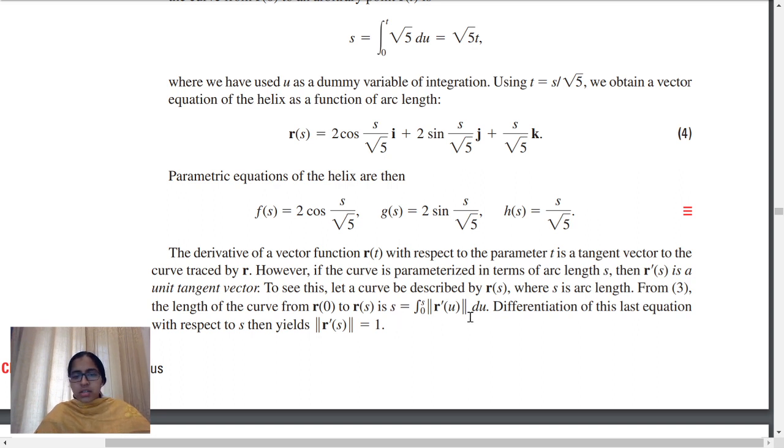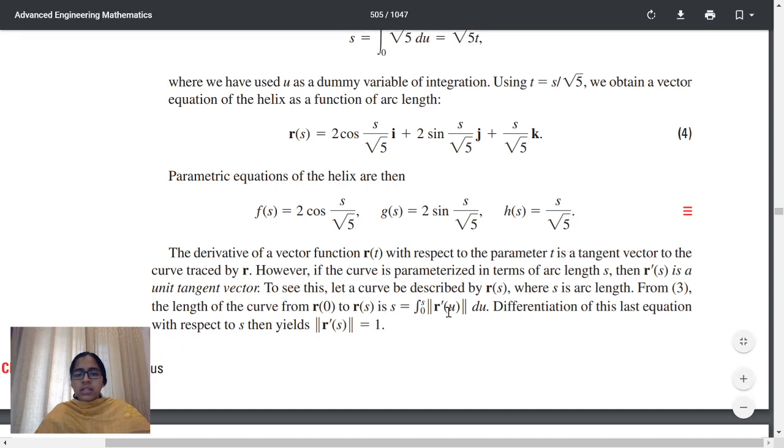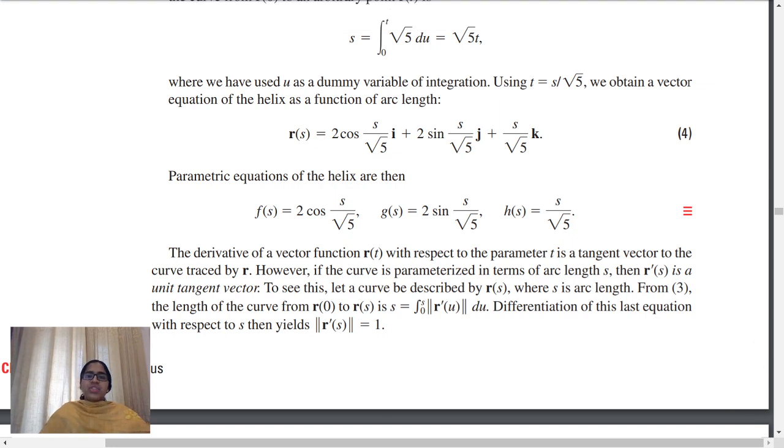Now if we differentiate this equation, we get ds by ds, that is 1, equal to the magnitude of r dash of s. So if we find the derivative of a vector function which is described in terms of the arc length, the magnitude will always be 1.